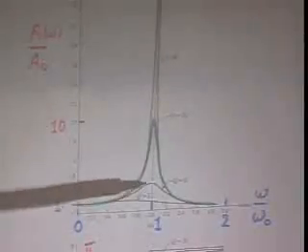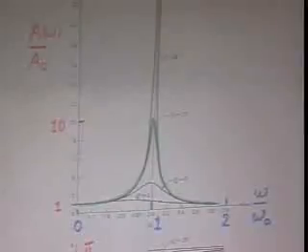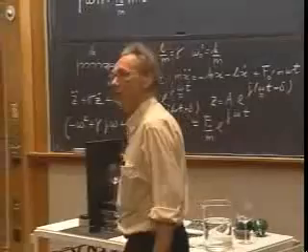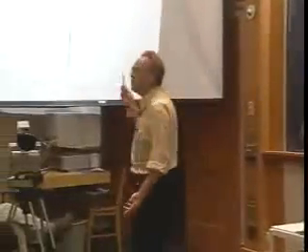If you look at the one that has a mark Q equals 3, which is this one, if you look very carefully, you may see that the maximum A is shifted slightly below the value 1, which is omega equals omega 0. But even for Q equals 3, the difference is insignificantly small.